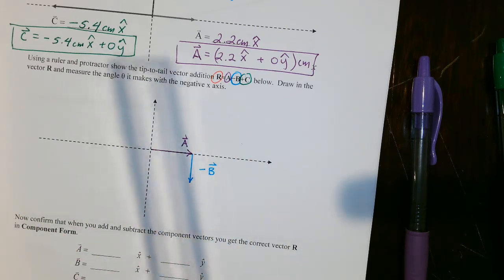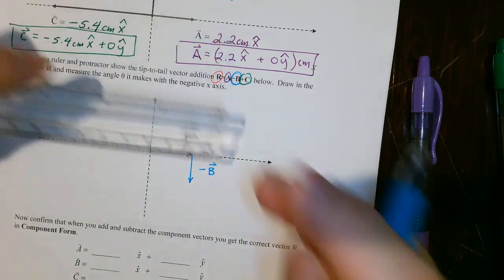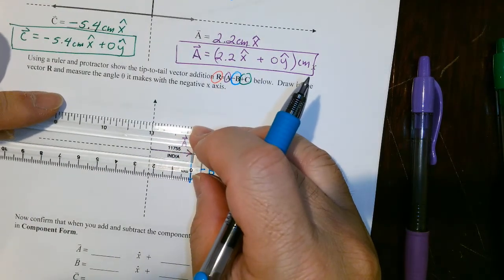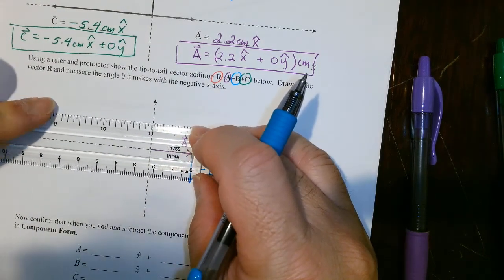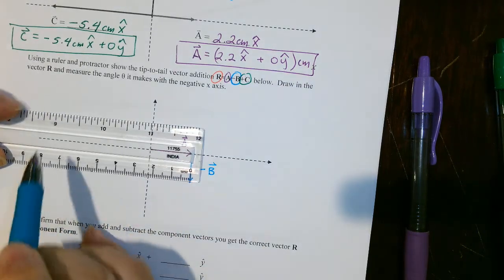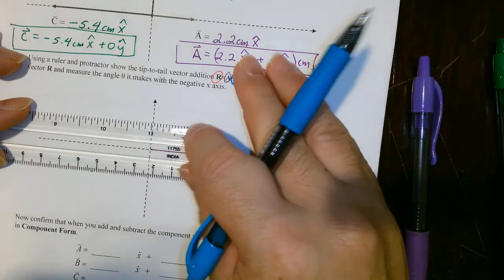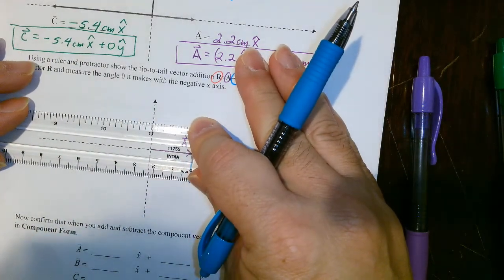Then I'm going to add my vector C, which is 5.4 centimeters in the negative x direction. And again, I'm lining up my horizontal axis with the reference line on my ruler, okay?